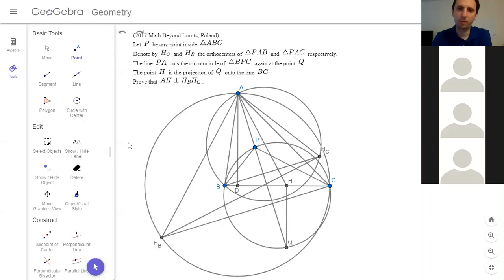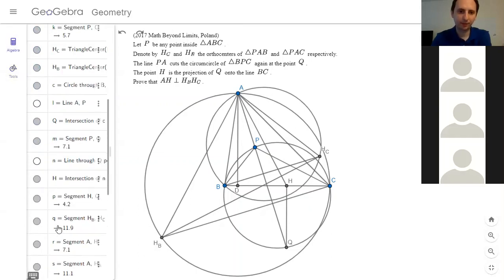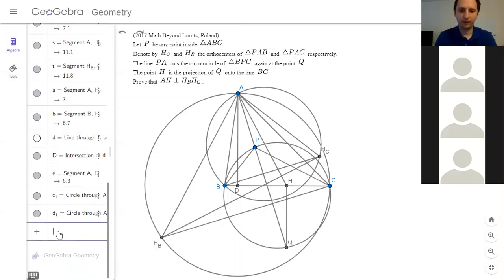It's an interesting problem. Have you guys heard of the Poncelet point? Let me try drawing the orthocenter of PBC. I'm going to see.